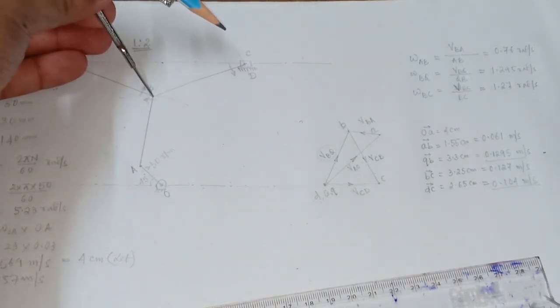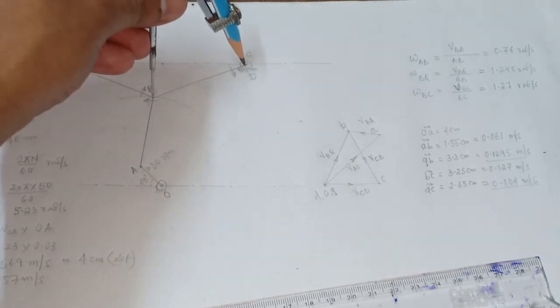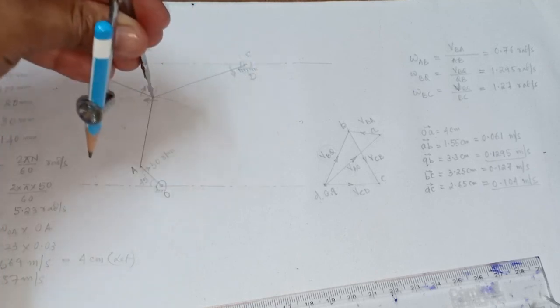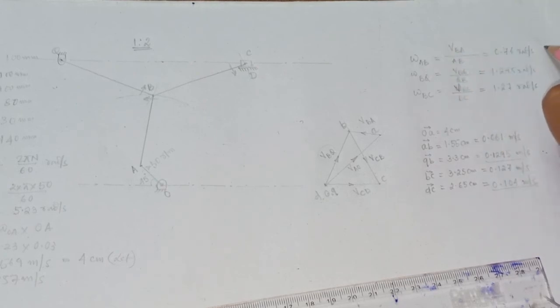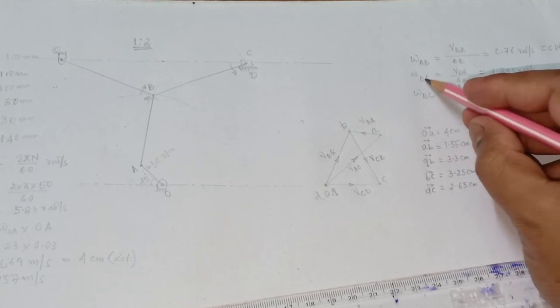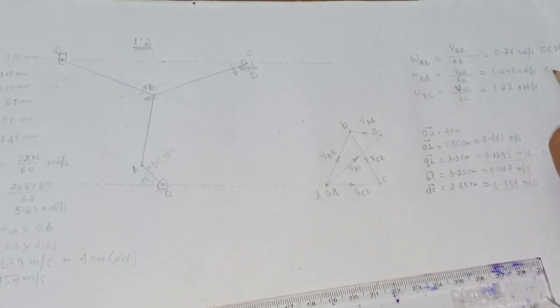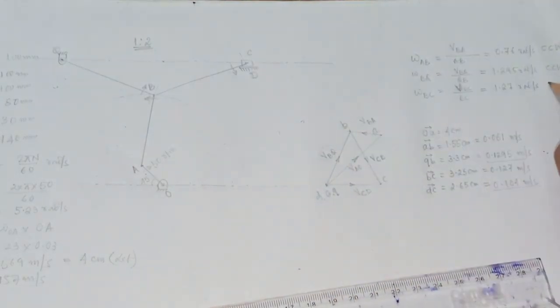Keeping B as center and BC as radius, the pencil moves to the right-hand side, so it is clockwise. This way we can find the angular velocities with direction. So AB will be counterclockwise, BQ will again be counterclockwise, but BC will be clockwise.